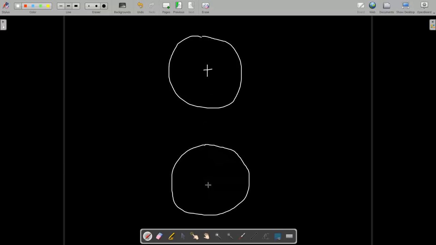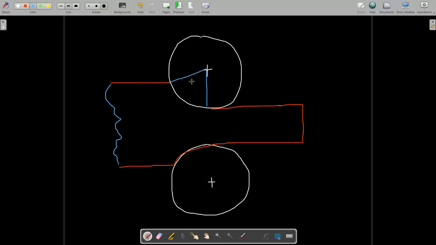This is the center, and material is entering here and leaving here with some velocity. So what is angle of bite? That means the angular distance between the 2 points where the sheet, our product, enters and exits.